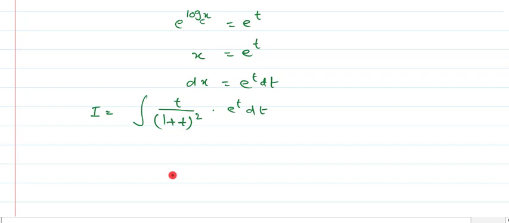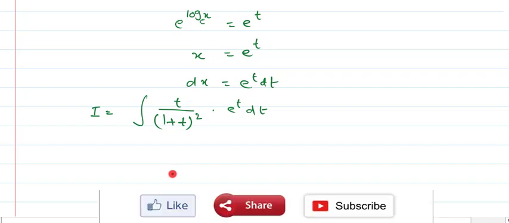So the only thing is to identify the problem, as I told you at the start of the integration, that integration is not tough. It is just a matter of how easily you can identify the problem. Okay, so do more problems on the same topic and keep learning. Stay tuned.